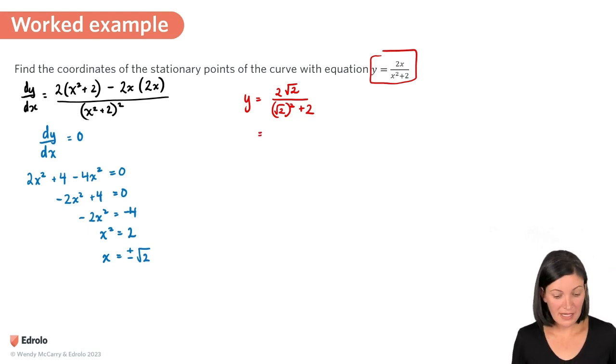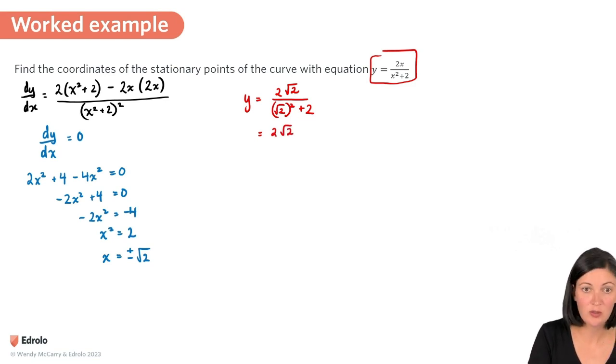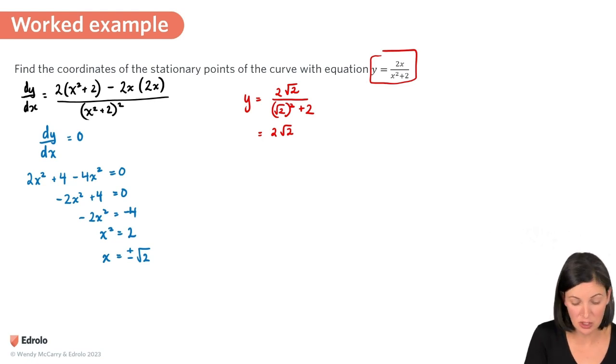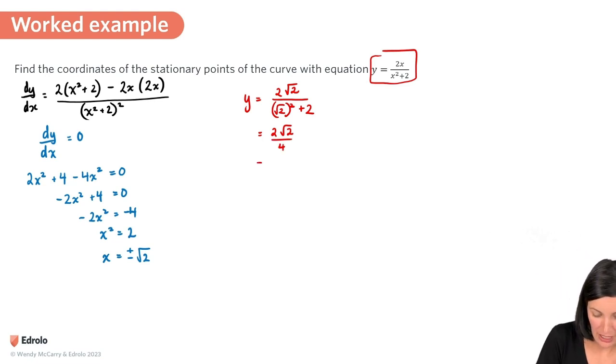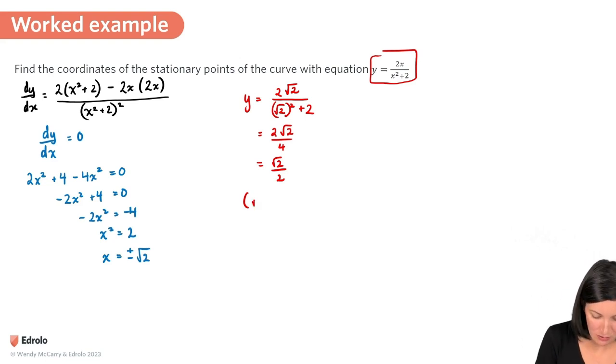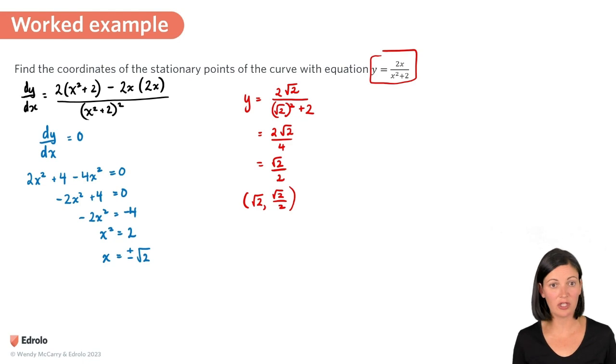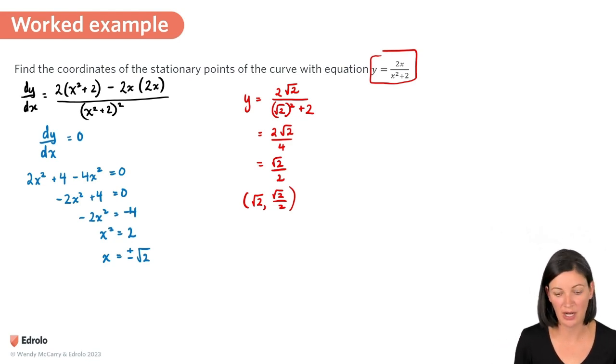Okay, once I simplify that, root 2 squared is just 2, so on the bottom, I get 2 plus 2, which is 4. And simplifying that, I get root 2 on 2. So my first coordinate pair would be when x is equal to root 2, y is equal to root 2 on 2. Okay? And now I'll do the same thing when x is equal to negative root 2 to find the second coordinate pair.